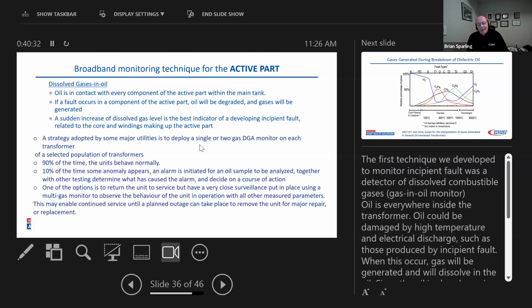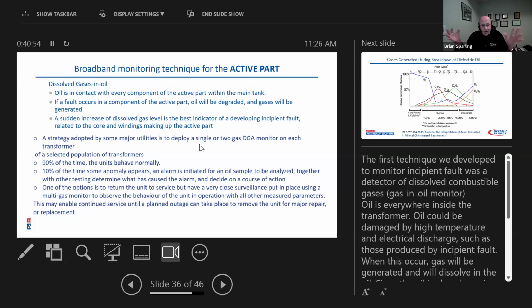10% of the time, some anomaly appears and an alarm is initiated, and that's when the process has to start to go and take an oil sample to be analyzed, together with other testing, like what's the temperature in the gauges, what's the loading on the transformer, how's the weather today, is it hot, is it stormy, is it minus 20, or is it plus 40?